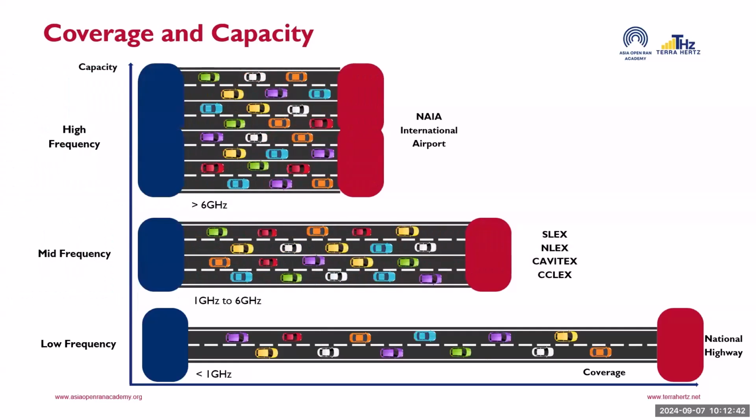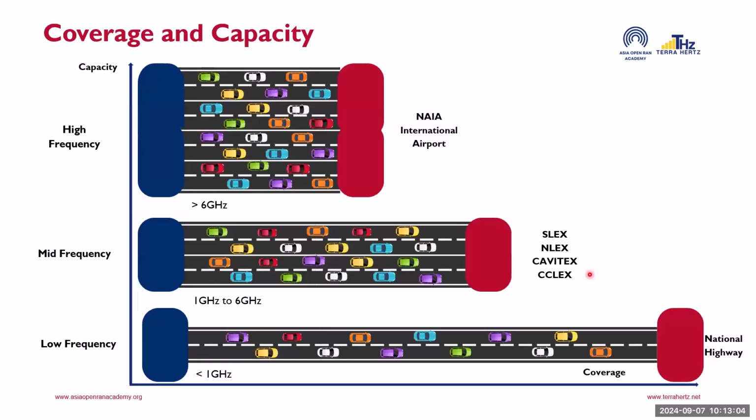While the mid frequency and the high frequency look like this. The mid frequency is something like South Luzon Expressway, North Luzon Expressway, Cavitex, CCLEX, or TPLEX. Anything that is an expressway. Meaning it's wide enough and long enough for you to take.